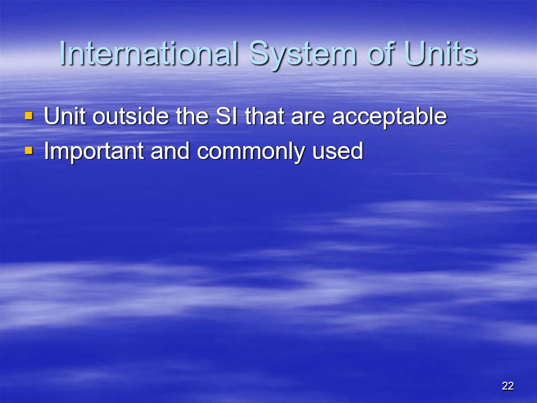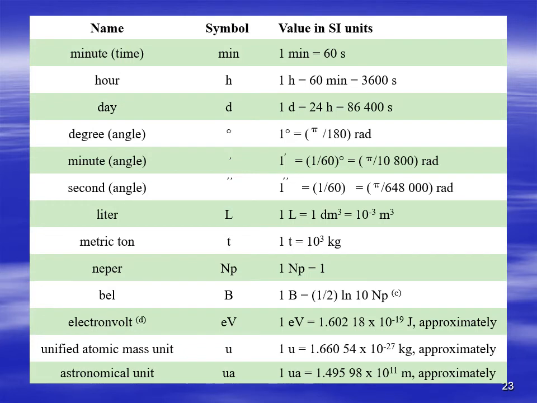And then there are other units that are outside SI norms that are acceptable, that we use every day, and they're pretty important. For example, minutes, hours, days are all based on seconds, and we all know what those are. Also, liters, astronomical units, perhaps.